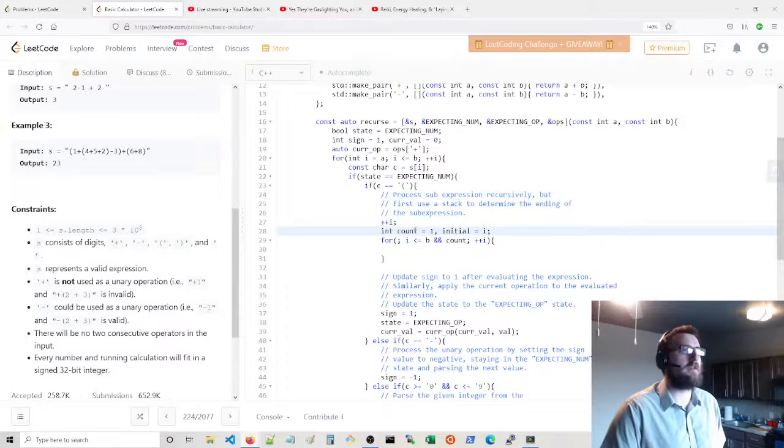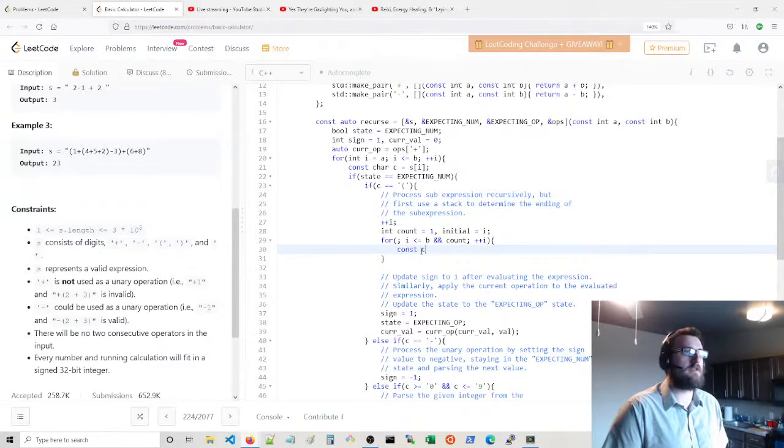Initial value of i, count is 1. And we're going to say const char x equals s of i.